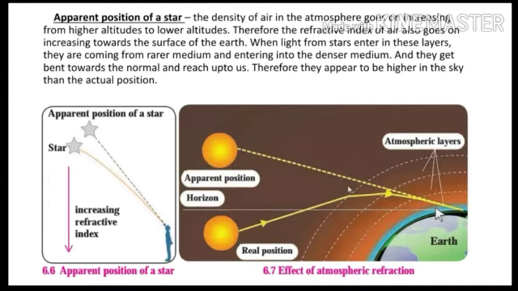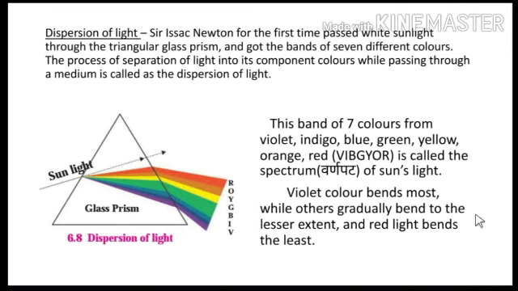Now next is the dispersion of light. Sir Isaac Newton for the first time passed the white sunlight through a triangular glass prism like this, and got the bands of 7 different colors: violet, indigo, blue, green, yellow, orange, red.